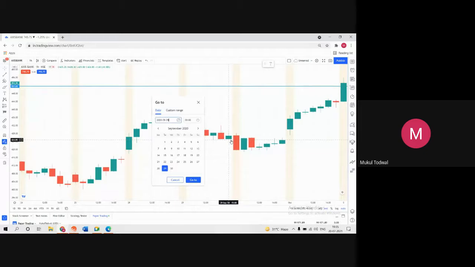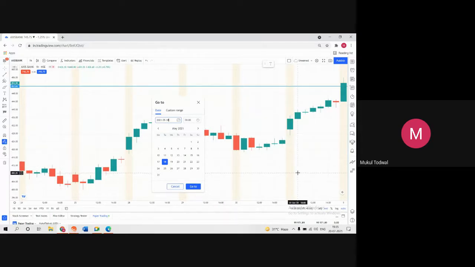Now we will move on to another candlestick pattern. It is an evening star. It is somewhat similar to a morning star, but now things will change a little bit. A morning star is formed at the very low of a downward trend.